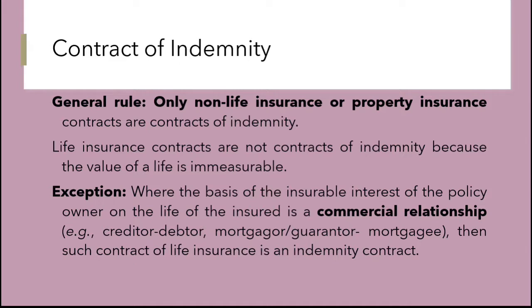As a general rule, only non-life insurance or property insurance contracts are contracts of indemnity. Life insurance contracts are not contracts of indemnity because the value of a life is immeasurable, except where the basis of the insurable interest of the policy owner on the life of the insured is a commercial relationship.